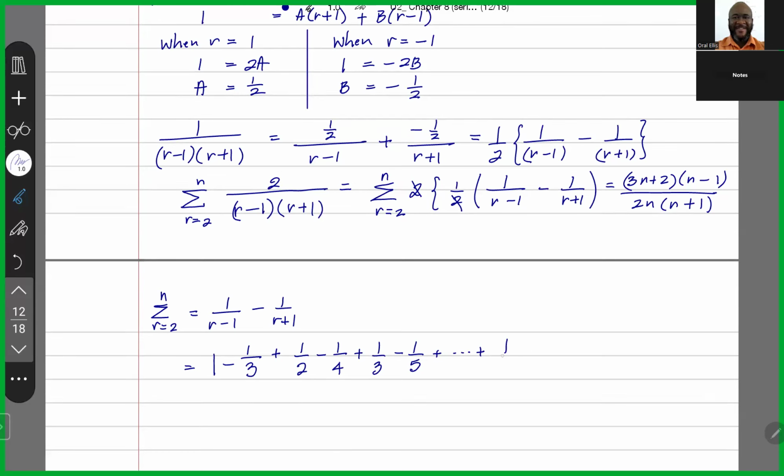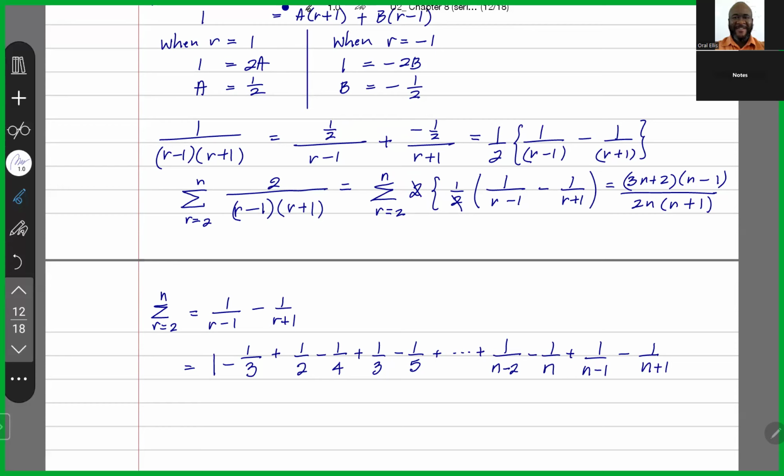We have 1 over n minus 2, minus 1 over n, plus the last term, when r is n, we get 1 over n minus 1 minus 1 over n plus 1.